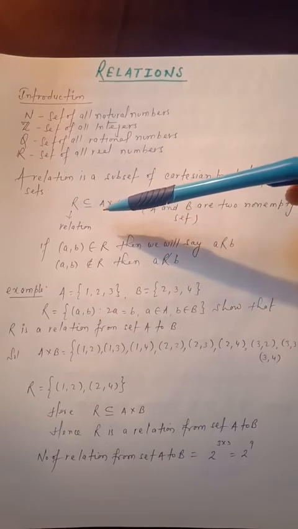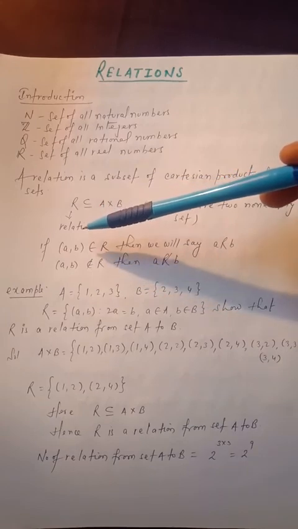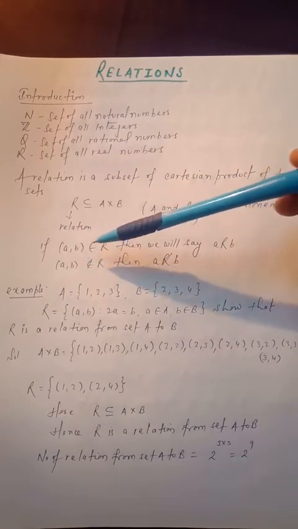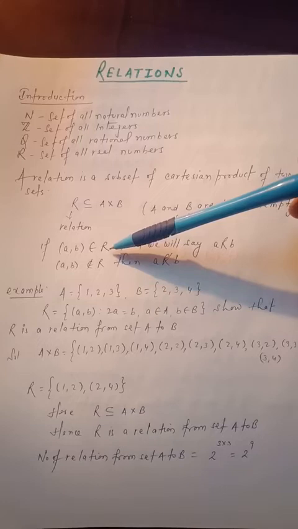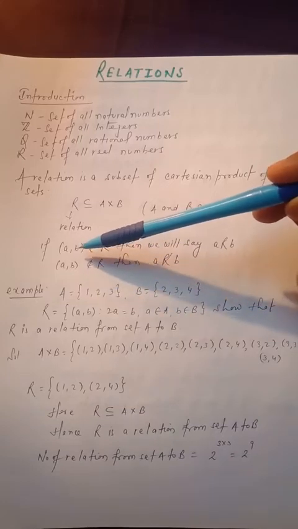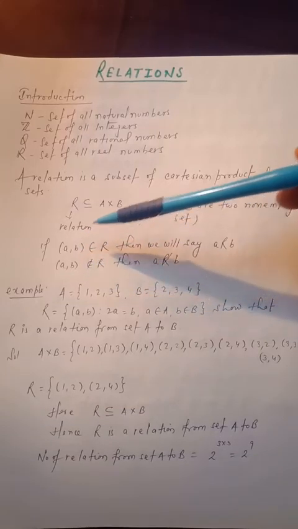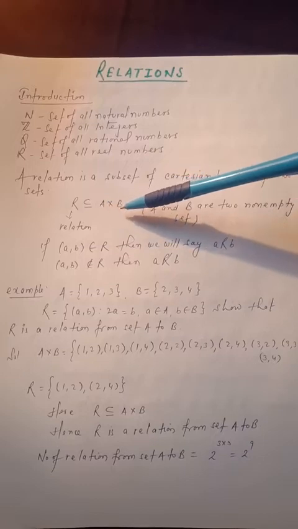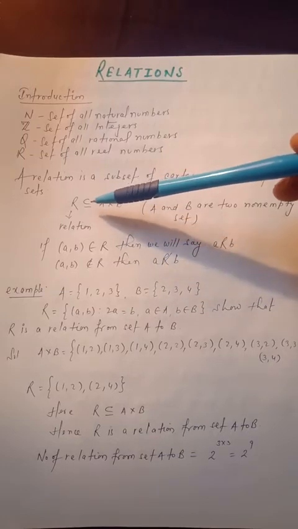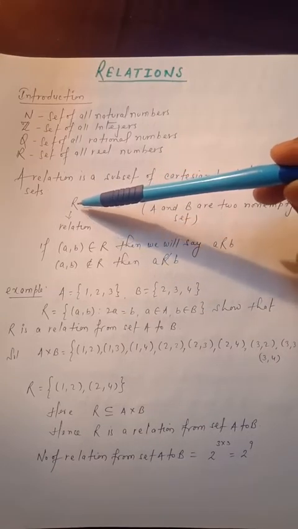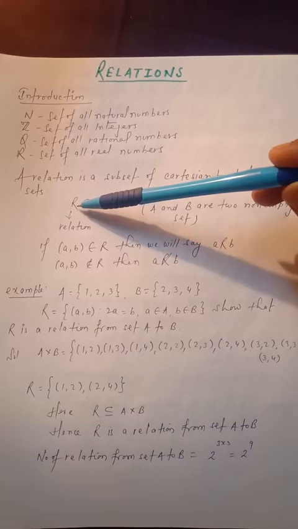Suppose any element (a, b) belongs to R, because here (a, b) is an ordered pair, because in A cross B all the elements are in the form of ordered pairs. Therefore here I am talking about relations whose elements are in the form of ordered pairs.